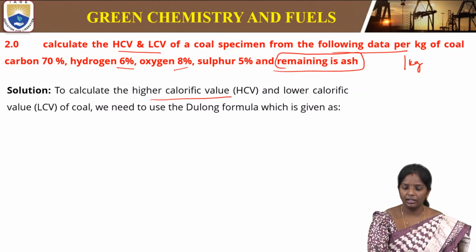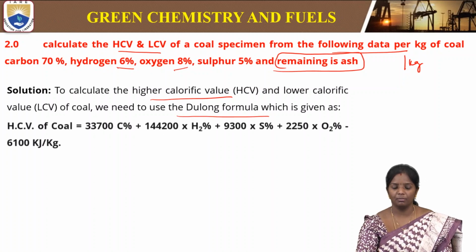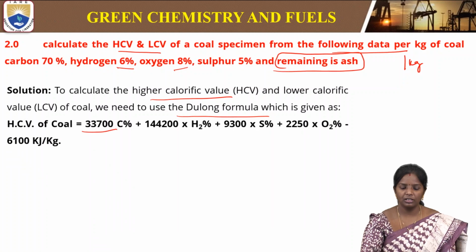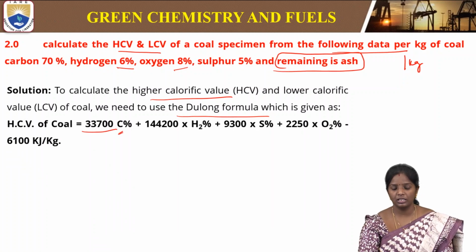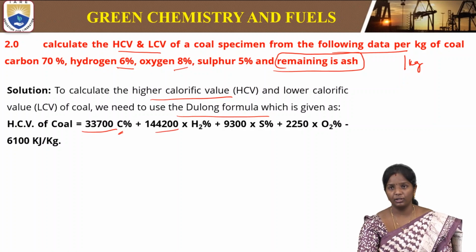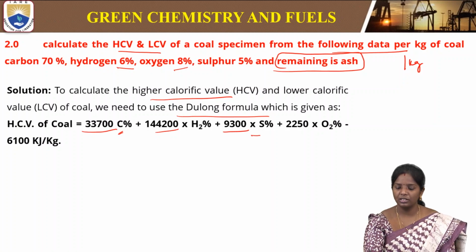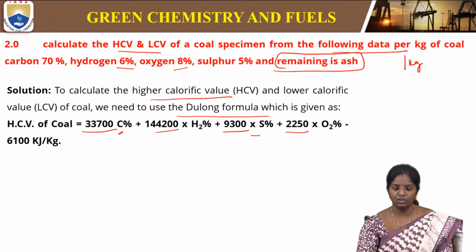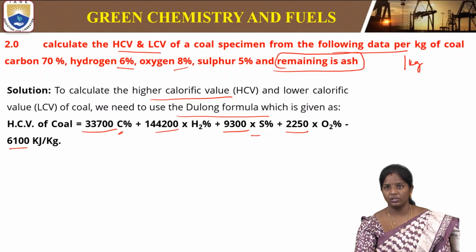To calculate the HCV and LCV, we need to use Dulong's formula, which is given by HCV equals 33,000 into carbon percent, plus 1,44,200 into hydrogen percent, plus 9300 into sulfur percent, plus 2250 into oxygen percent, minus 6100 kilojoules per kg.